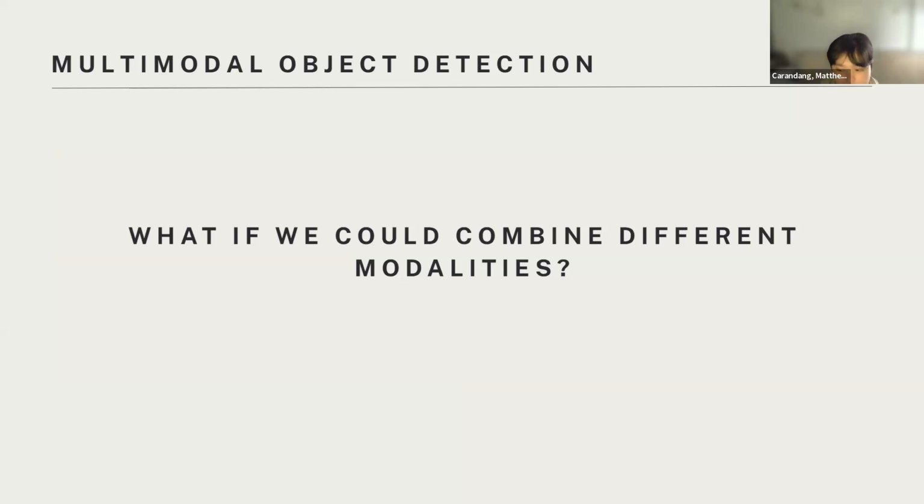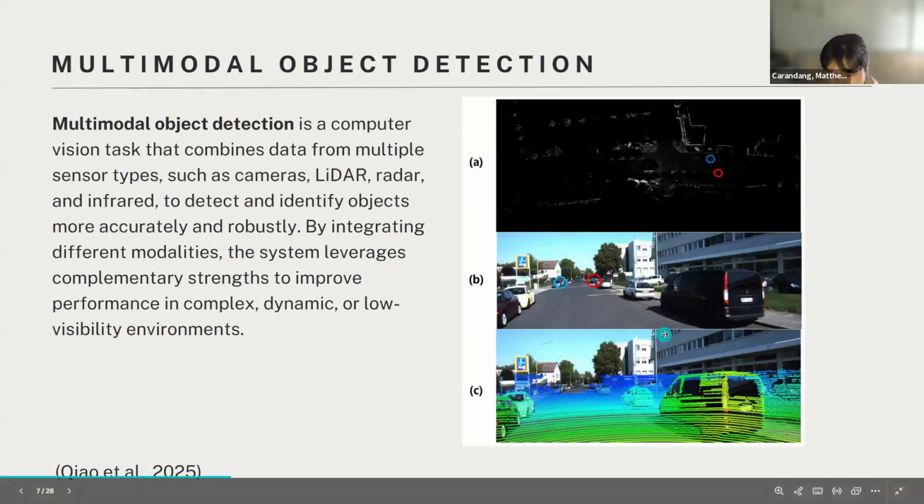For instance, plain camera models can have a LiDAR module built into them so that they can also perceive depth data and tell which objects are closer or further. That's the idea with multimodal object detection.